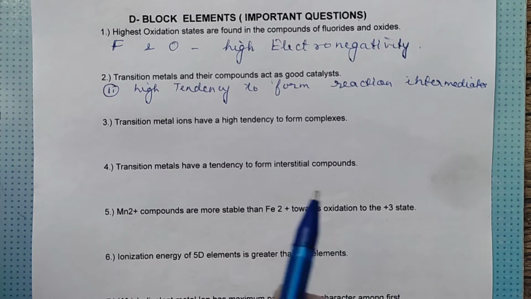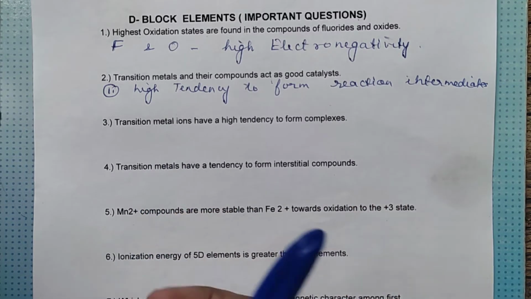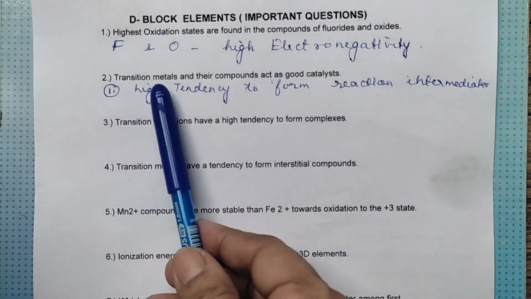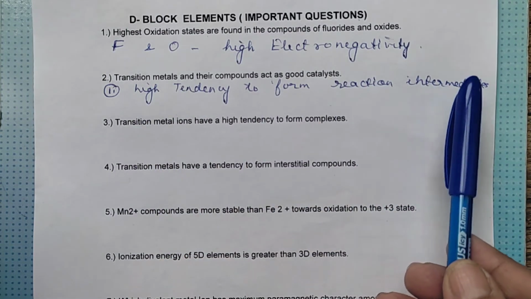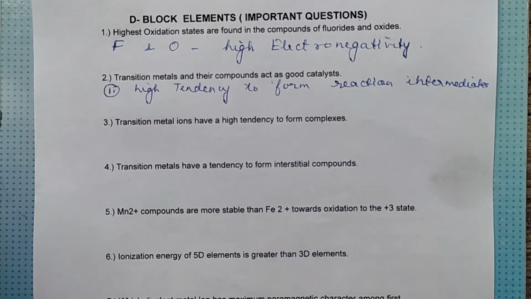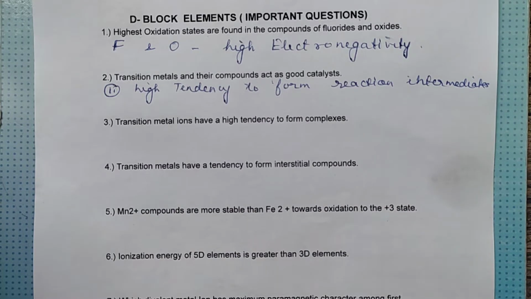They form reaction intermediates, and those intermediates are unstable, and finally they will be forming the catalyst back, forming the product. Okay, so actually if suppose two reactants are there, one of the reactants will react with these transition elements, form the intermediate, and the intermediate will again react with the next reactant to form the product. So this will help the reaction to lower the activation energy.